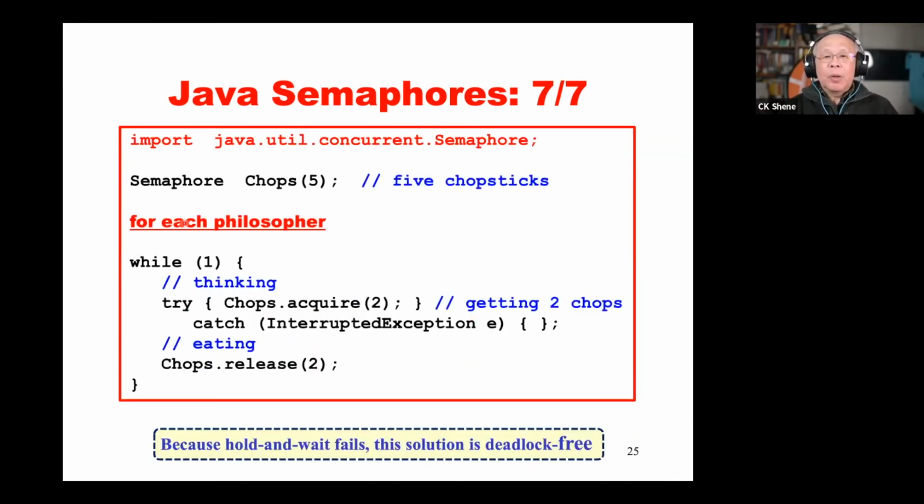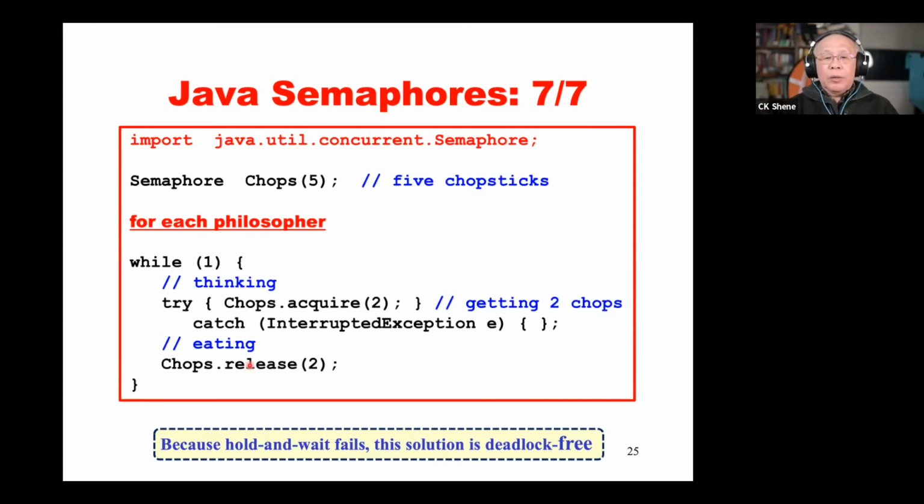Let's take a look at this. I just simplified the whole form. So a philosopher thinks and acquires two chopsticks at the same time. And then after that, the philosopher could get both chopsticks, he can eat. After eating, release both. And then come back for another round of thinking and waiting for the chopsticks two at the same time and release it.